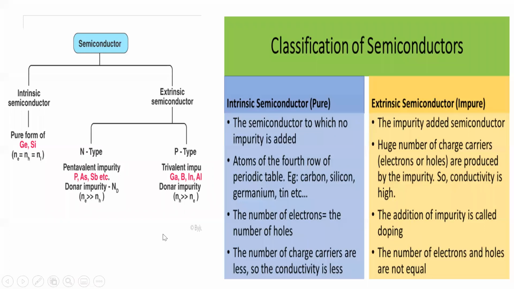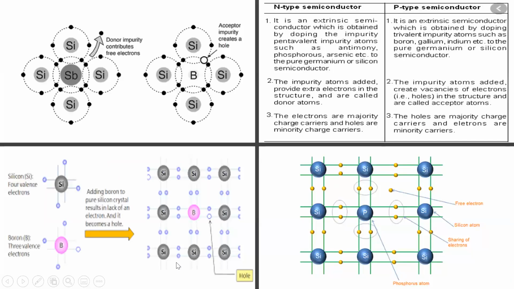Let us see how we can make N-type and P-type semiconductors by adding pentavalent and trivalent impurities. Here is given the classification or the difference between an N-type and a P-type semiconductor. What is an N-type semiconductor?